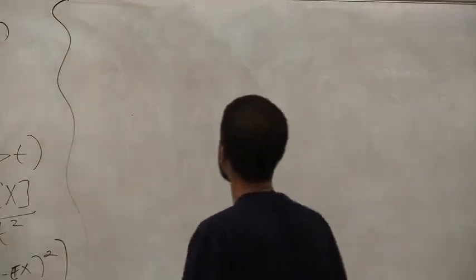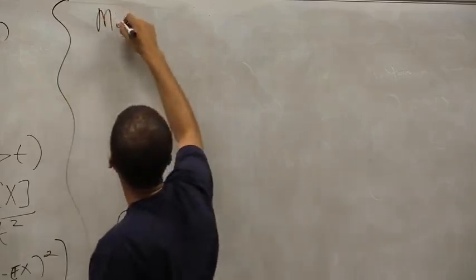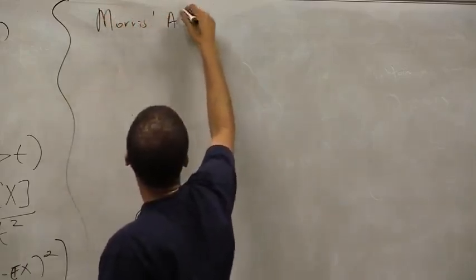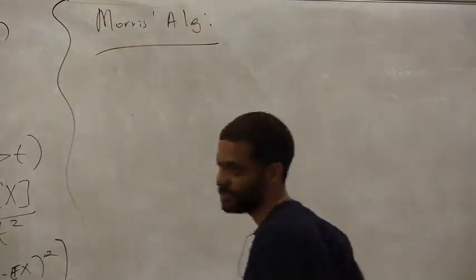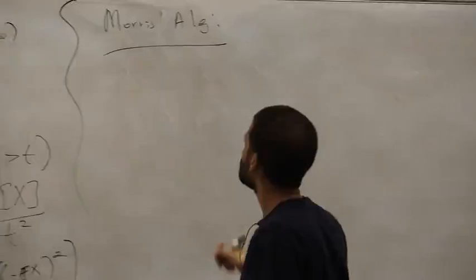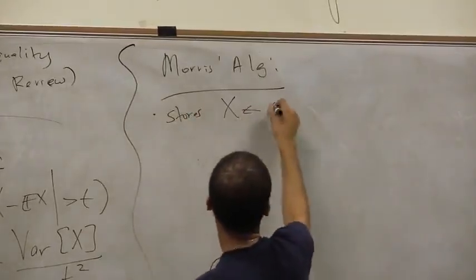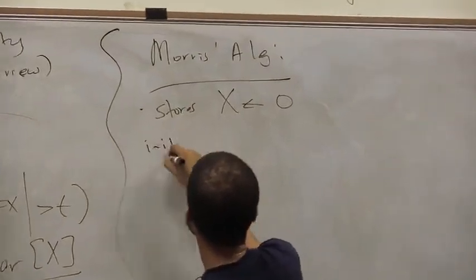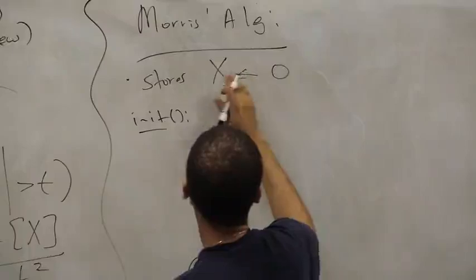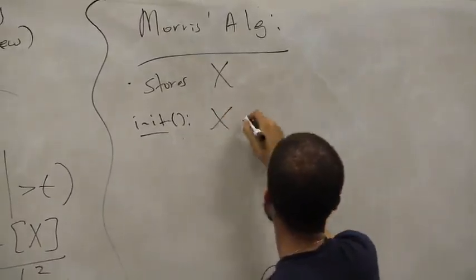So I'm going to show you an algorithm which is Morris's algorithm, which stores a single number. It stores a number x, which is initially 0. When I do init, I set x to be 0.